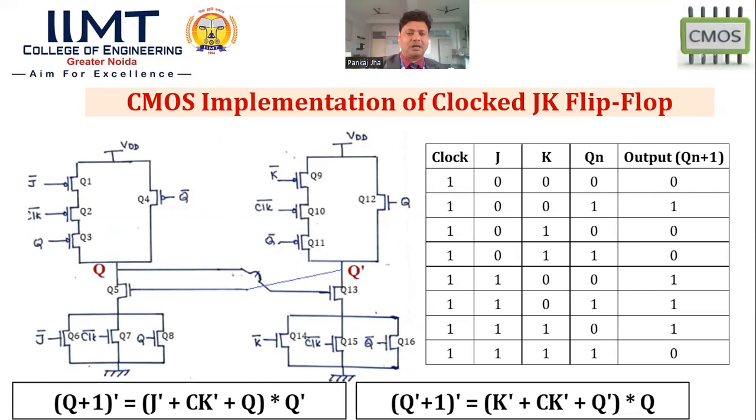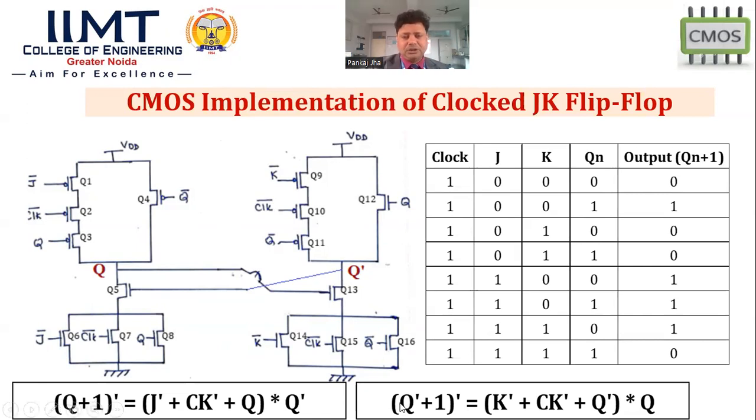So using De Morgan's theorem, a simple output expression we have found here: for Q next stage, Q will be the complement of (J bar plus clock bar plus Q multiplied with Q bar), with the complete complement.